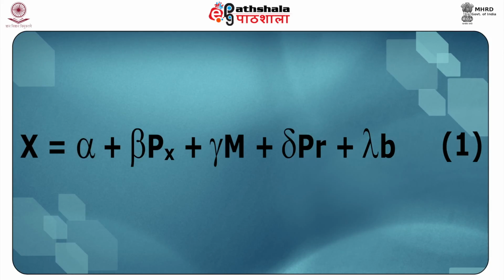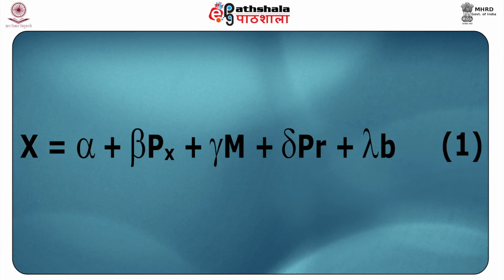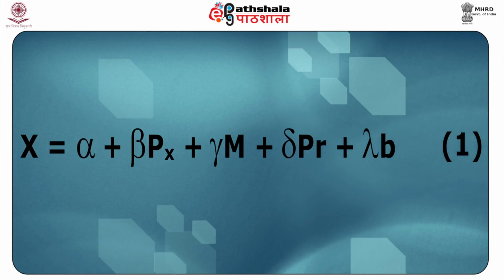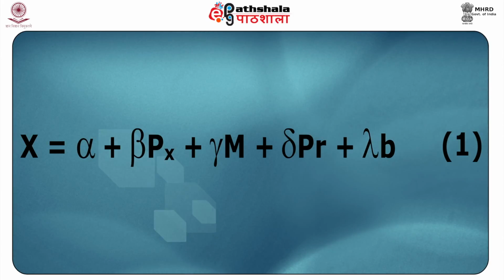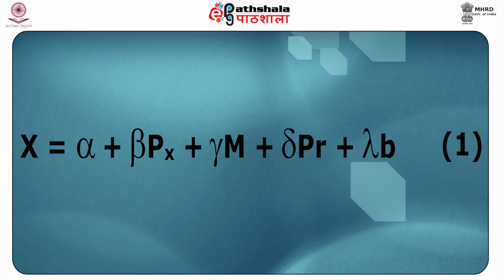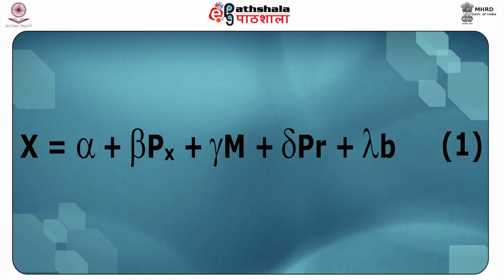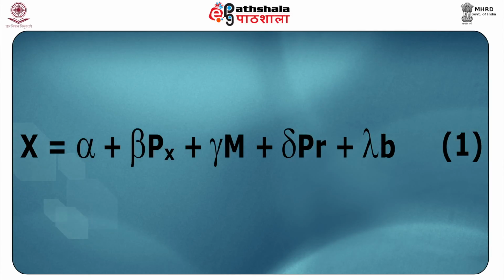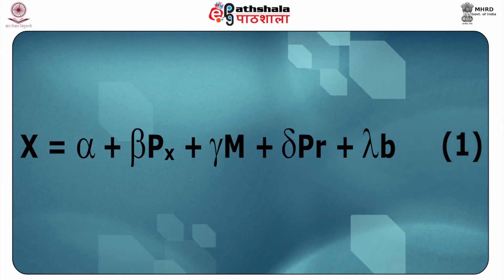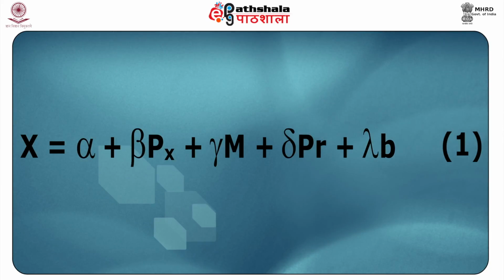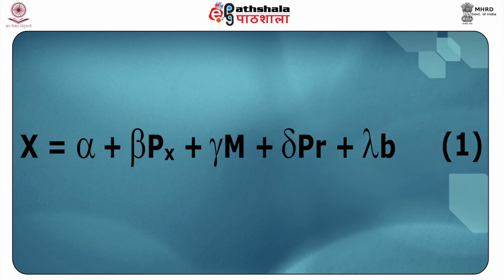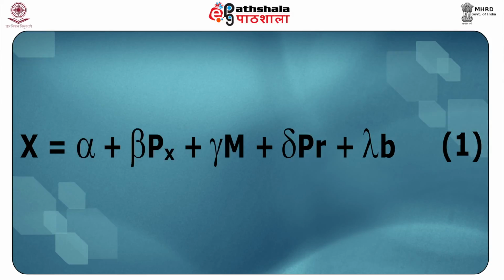Similarly, delta measures the change in the quantity demanded with 1 unit change in the price of related good. The related good can be a substitute or a complement. If the related good is a substitute or complement, then the relation would be positive or negative. Lambda measures the change in the quantity demanded with 1 unit change in the number of buyers.